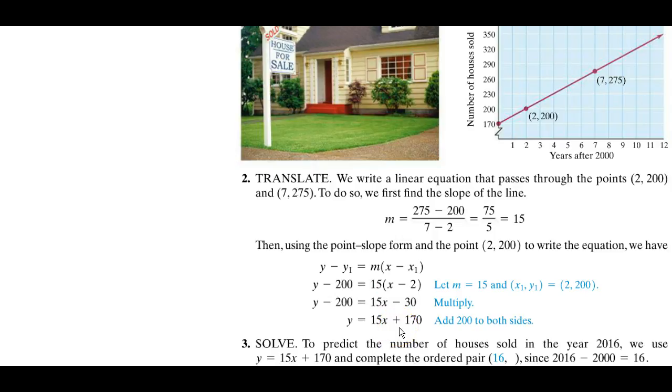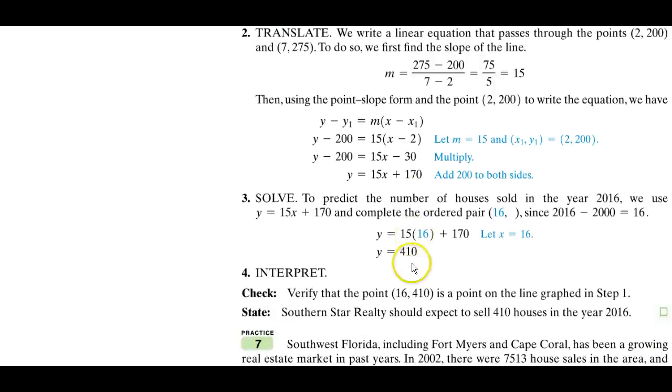That gives you the equation then for that line. And then if they're saying 2016, which is what it looks like here, you then multiply 16 times the 15, which is your slope, get a product here, add it to 170, and you could predict that in 2016 you would possibly sell 410 homes. Okay.